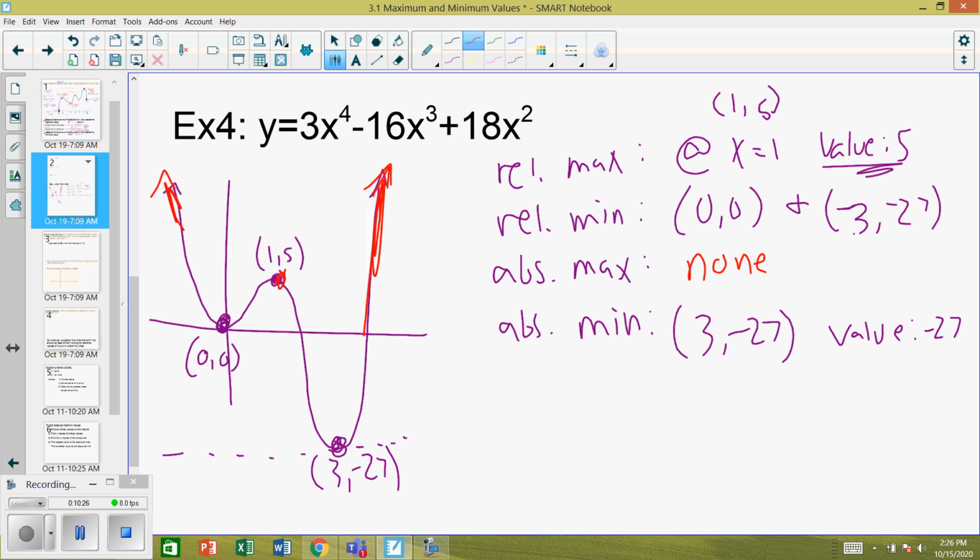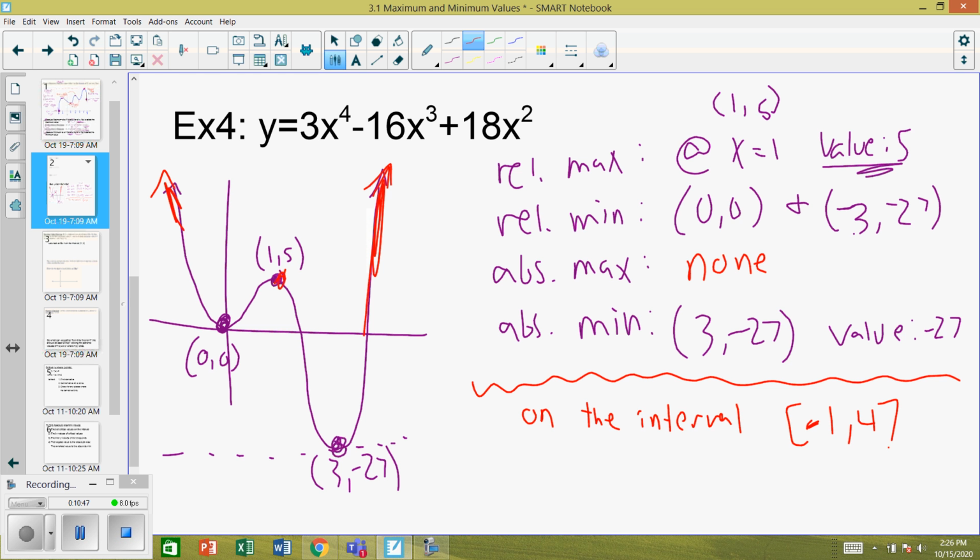Okay. So there you go. Now, what if there were endpoints? What if I gave a constraint? What if I added the stipulation, on the interval, how about we include negative 1 to 4? So looking back at Desmos, let's see what those values are.